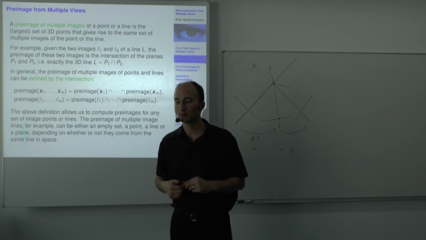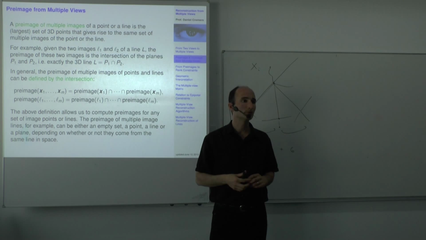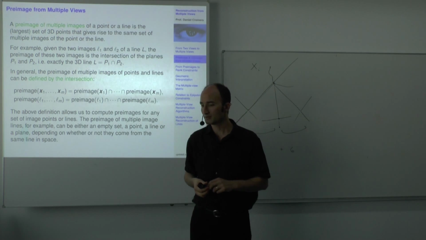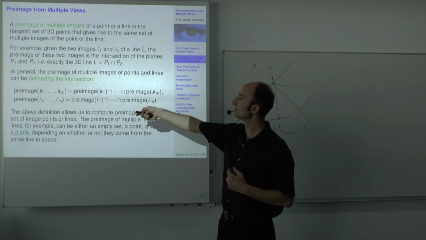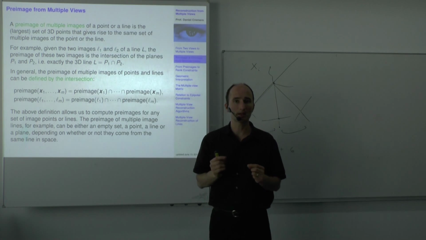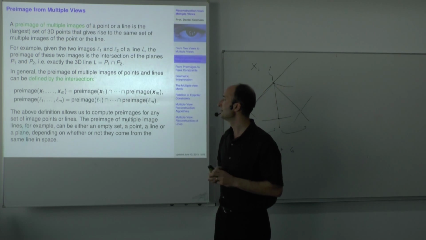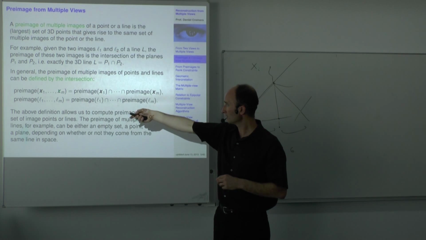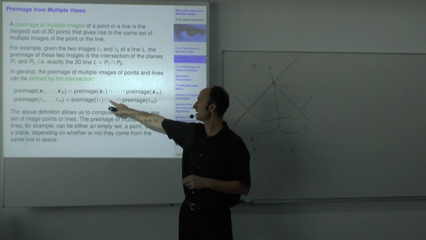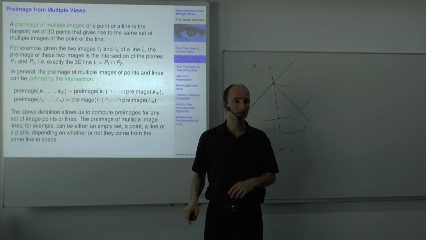And we can similarly define pre-images for multiple views. And it's very trivial actually. We say the pre-image of a point observed in m images, so little x1 to little xm are the m observations of that point, the pre-image of all these observations is nothing but the intersection of these pre-images.